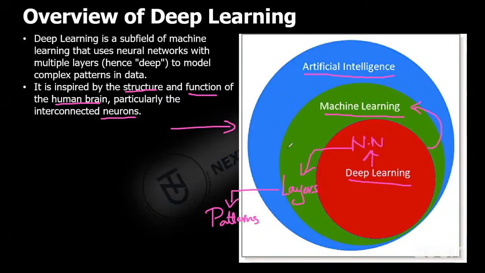In the same way, within neural networks, we also observe the neurons getting connected with each other. So in short, deep learning is a subset of machine learning which uses the concepts of neural networks and tries to mimic the brains of humans.